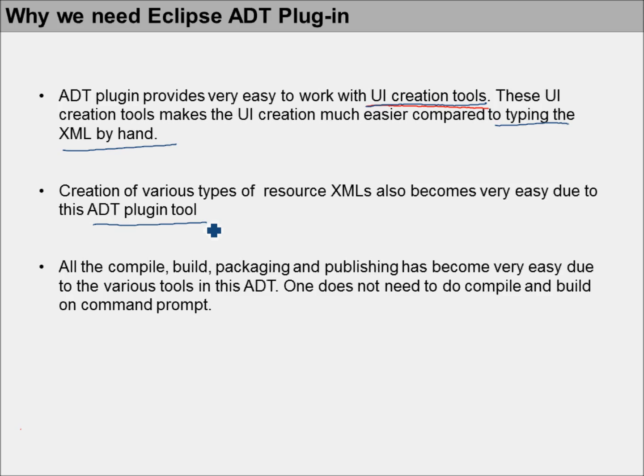There is just a single button. If you click it, it will compile, it will build, it will package, and it will install in your Android phone. Everything it does behind the scene. You don't have to understand the story behind compile and build. All of that comes with ADT plugin. Without ADT plugin, doing this is very difficult.